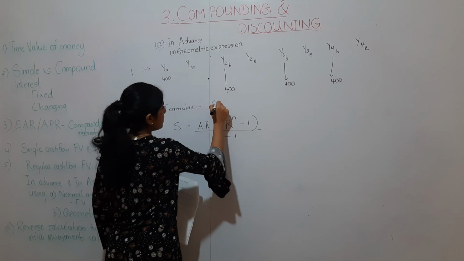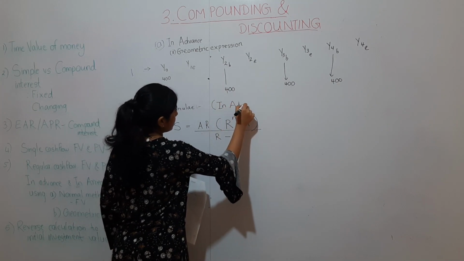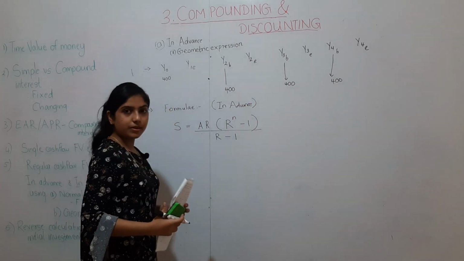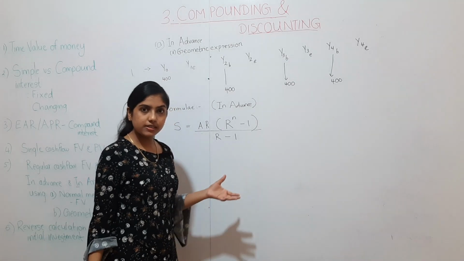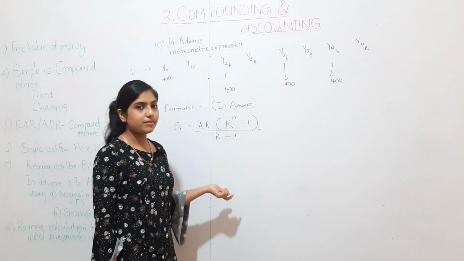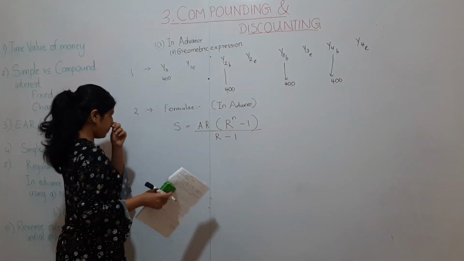This is applicable for the in advance payment. These are not applicable for arrears payments. For arrears payment there is a different formula, but for advance payment this is the formula.